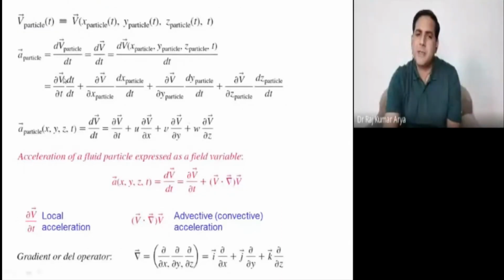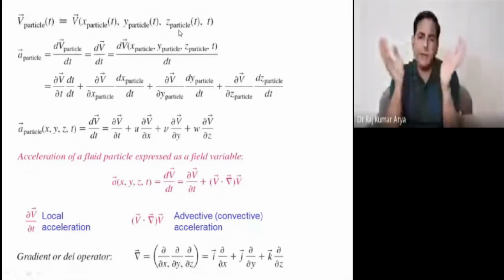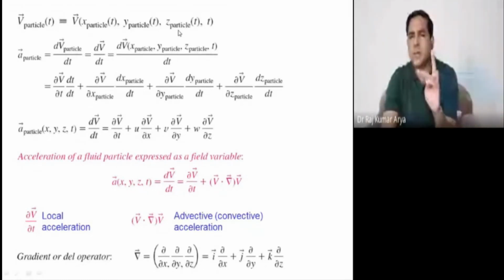A particle has a velocity. It could be a function of x, y, and z, and also a function of time. So if you want to calculate the total derivative of v, we have four components: one is x, one is y, one is z, one is t, right? If you want to find the total derivative of v with respect to t, first you partially differentiate v: del v upon del t, multiplied by dt upon dt.